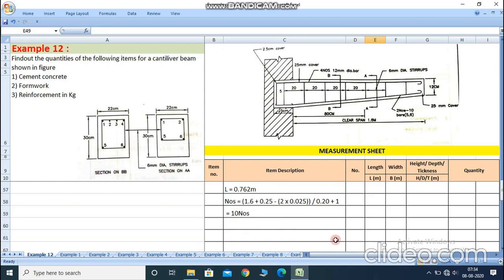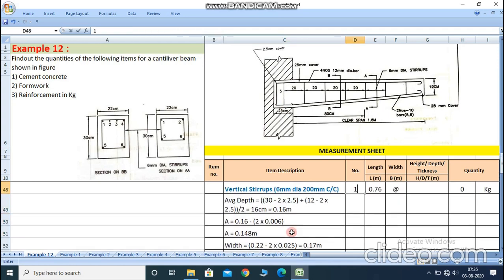Now we calculate the number of stirrups required. So here average length, clear span here 1.6 plus 25 centimeter here, minus 2 times starting and end cover, divided by center to center spacing. Center to center spacing is given 20 centimeter, so here we write 0.20, plus 1. So the answer we got is 10 numbers of stirrups required.